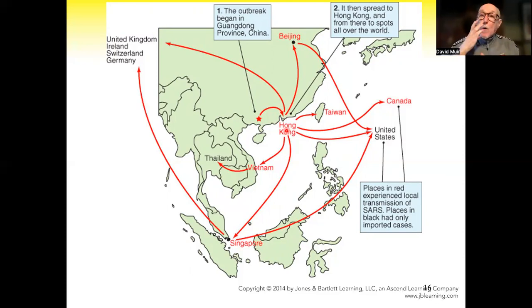So people who acquired the disease then traveled to other countries. Most of the cases of SARS-CoV-1 that were spread internationally, the people arrived with the disease and were so ill that they were immediately isolated. So its spread globally was very, very limited.